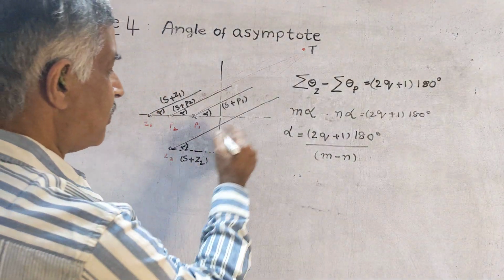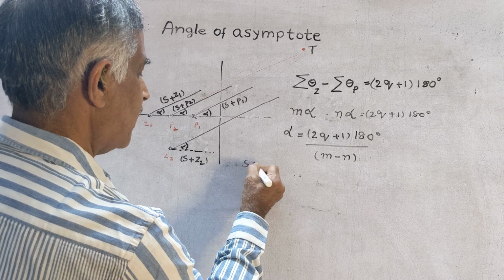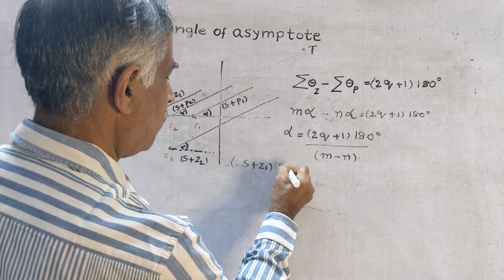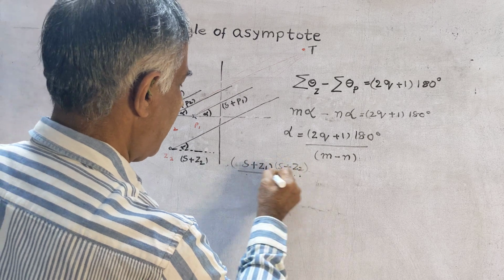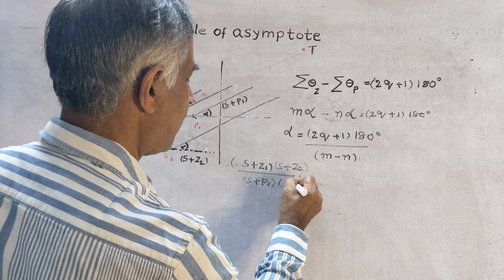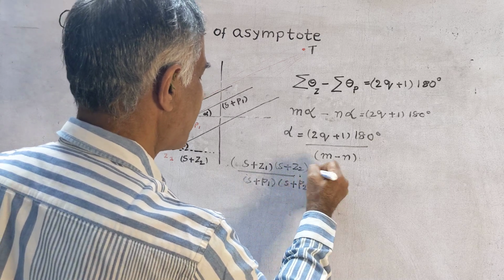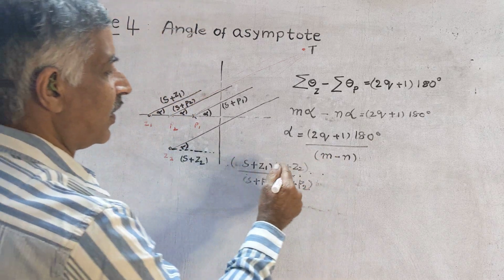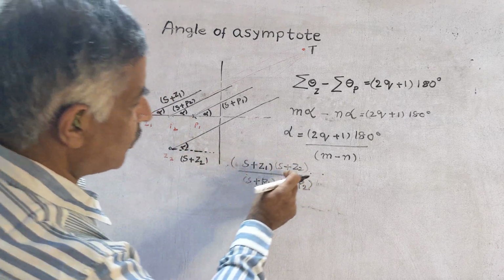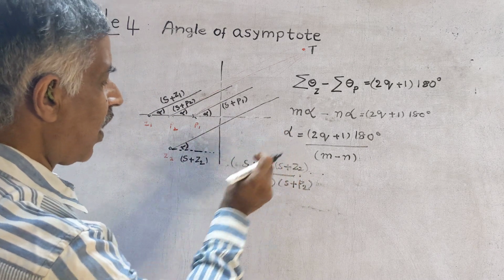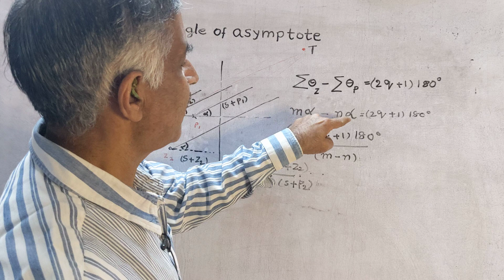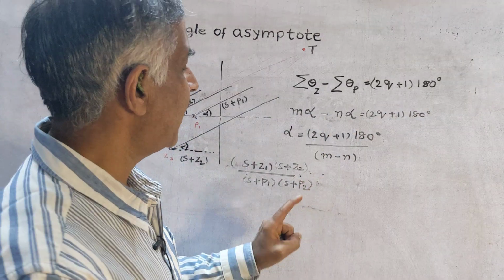That is, G(s)H(s) will be of this form: s plus z1, s plus z2, divided by s plus p1, s plus p2, etc. S plus z1 contributes an angle alpha. S plus z2 contributes an angle alpha. So that is why I have taken m alpha minus n alpha equal to 2q plus 1 times 180 degrees.